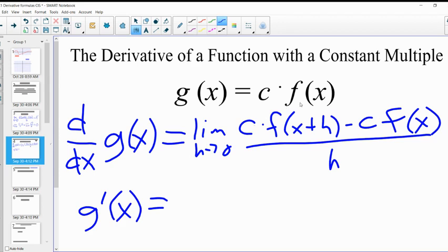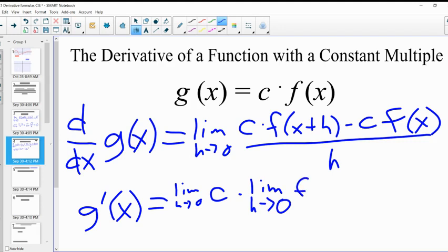In my numerator, both of these terms have a constant in them. So I can factor that out. I can say that this is the limit as h goes to 0 of that constant times, I'm applying some limit rules here, limit laws that say I can do the limit of a product as the product of the limits after I factored stuff out.